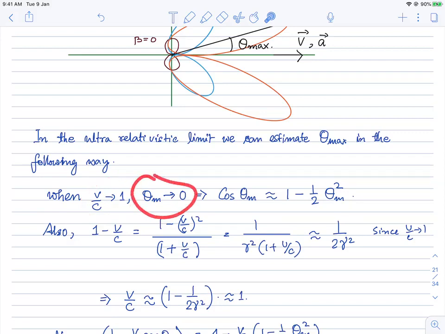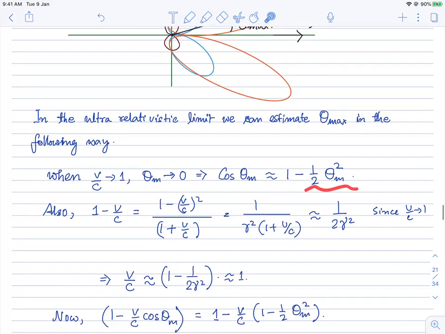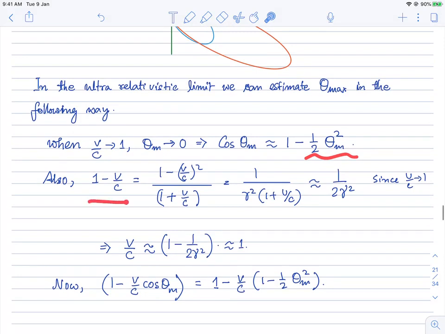In that case, as you can see from this trend, the maximum theta is going to be close to 0. So if it is close to 0, we can expand the cos as 1 minus half theta squared. And this 1 minus v, we can multiply numerator and denominator by 1 plus v and write this as 1 minus v squared by c squared, which is this gamma square factor, and this is 1 plus v.